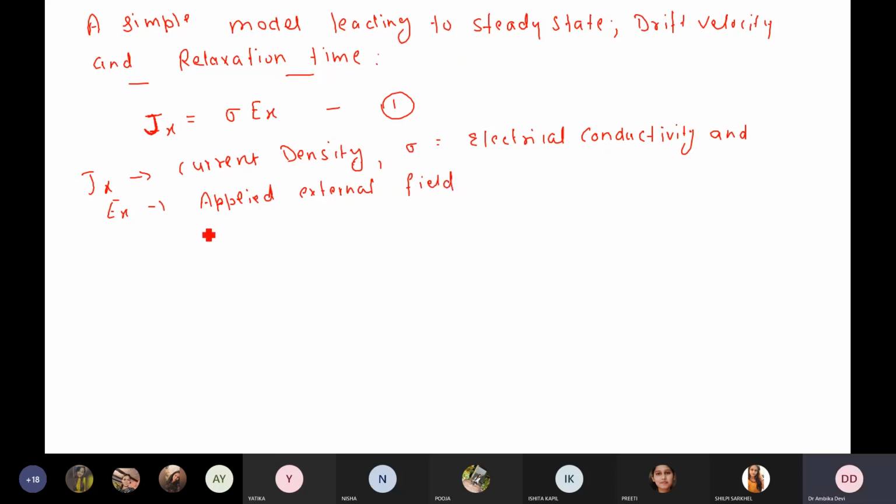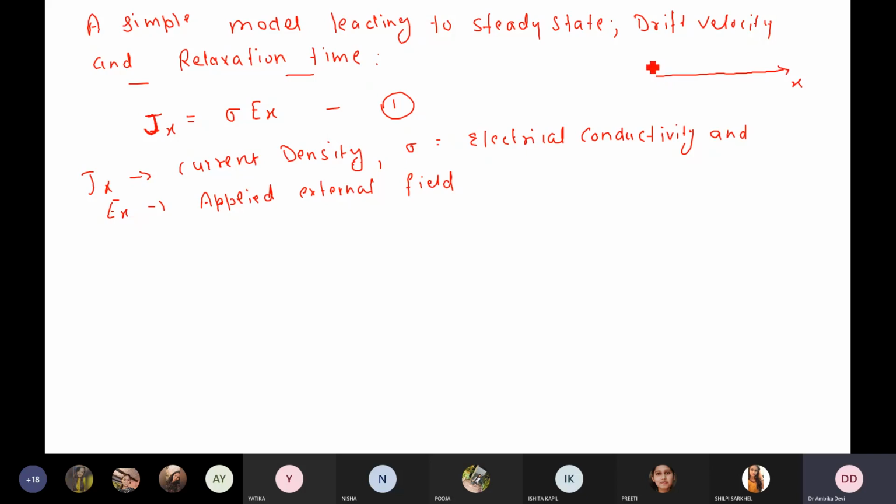For an isotropic solid in which the electric field Ex is applied along the x direction, the electrons will start drifting along the negative x-axis with an average velocity. See, when you apply the electric field, what happens? Let's say this is the x-axis.